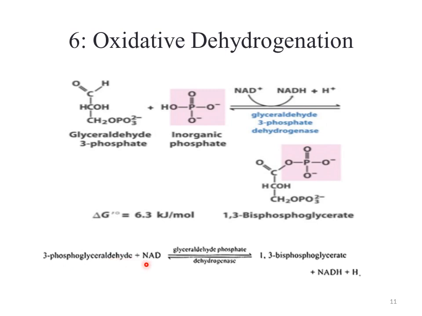In the presence of NAD it will get dehydrogenated into 1,3-biphosphoglycerate, and a molecule of NADH and H+ will also be produced in this reaction. The enzyme that catalyzes this reaction is called glyceraldehyde phosphate dehydrogenase. In this procedure 6.3 kilojoule per mole of energy will be produced.